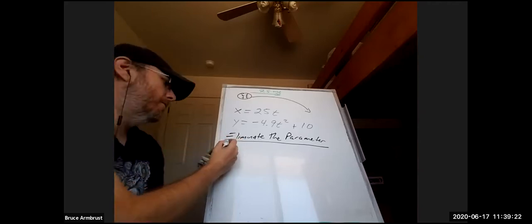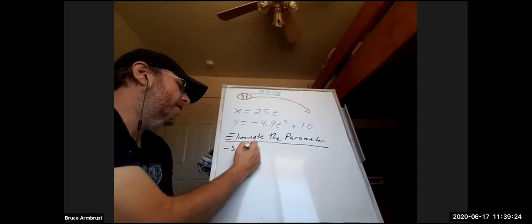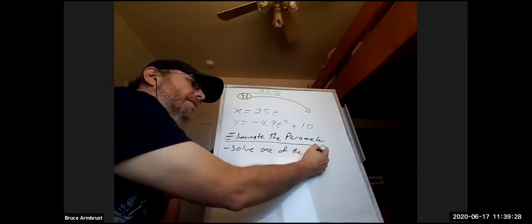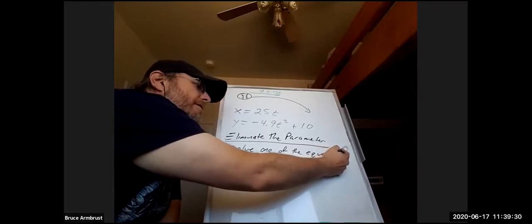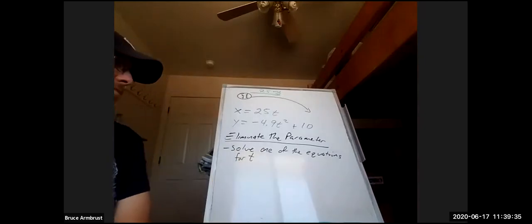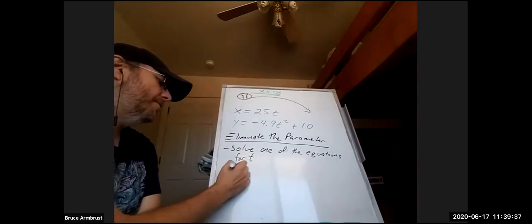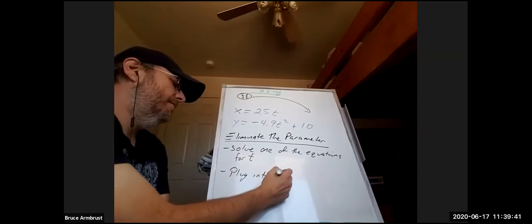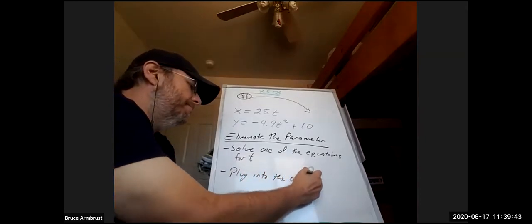So basically what we want to do is solve one of the equations, either the x or the y, it's your call, for t. And then we're going to plug this into the other equation.